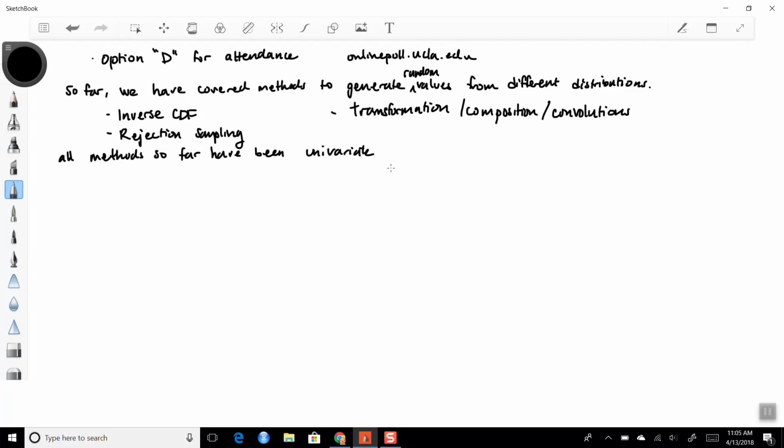So we get values for one random variable. Okay, so today we will look at a way to get bivariate distributions, or higher, from random distributions that are not independent.